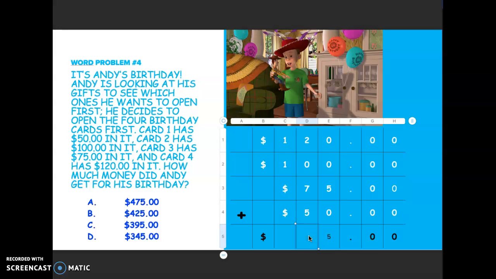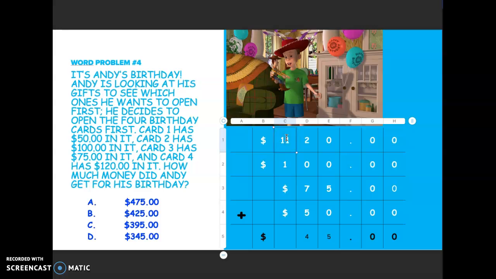And then right here, you would add the 2 and the 7. You wouldn't add the 0 because the 0 wouldn't change the problem. So you get 9, and then you want to add 5 to the 9. So you get 14, and you want to carry a 1 right here.